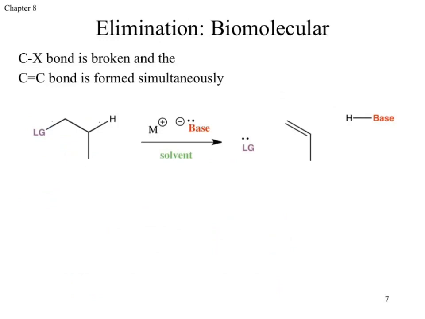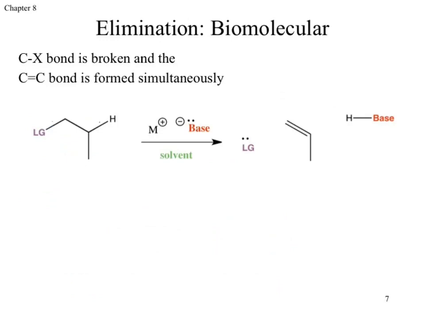So we'll move to the E2. What we're looking at in the E2 is very similar conditions as we saw for the SN2. We're now shifting to a bimolecular reaction. We're going to be breaking the carbon-leaving group bond at the same time that we form the carbon-carbon pi bond.